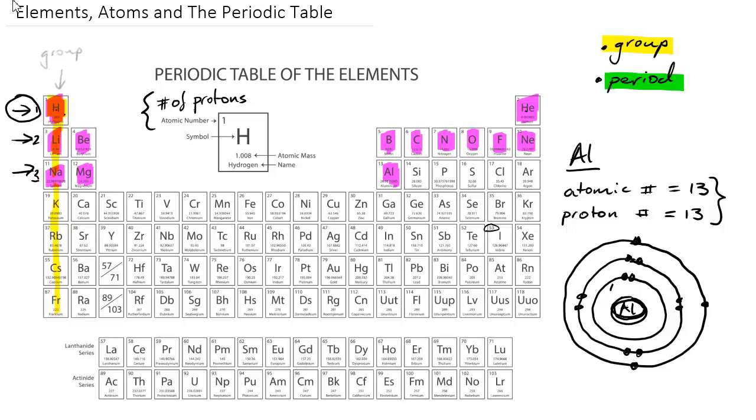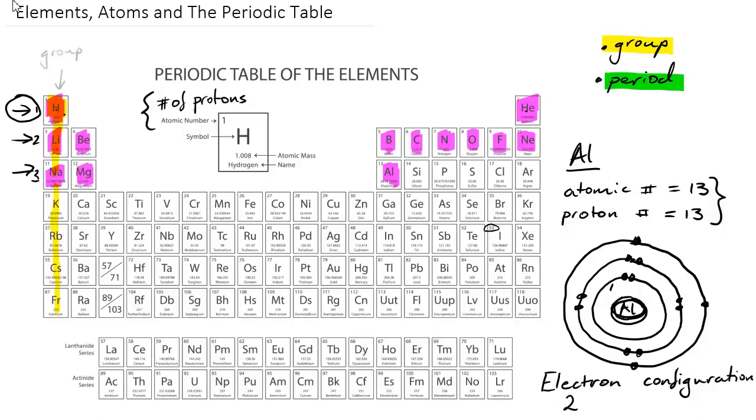Okay, so that's basically aluminium there, and this shows all the electrons surrounding it. You might be asked to write out something called the electron configuration. The very basic one for aluminium is just looking at how many electrons are in each shell.